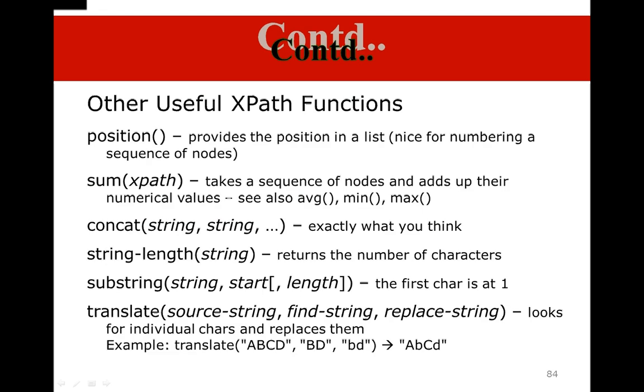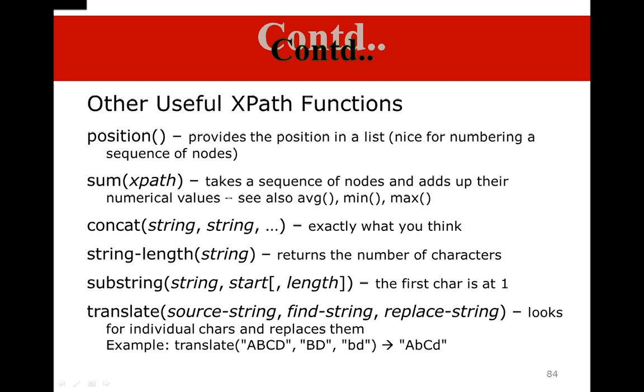These are all the special functions that are available in XPath, which help you at the time of accessing different parts of XML. position returns the position or index of that particular list. sum in XPath takes a sequence of nodes and adds up their numeric values.